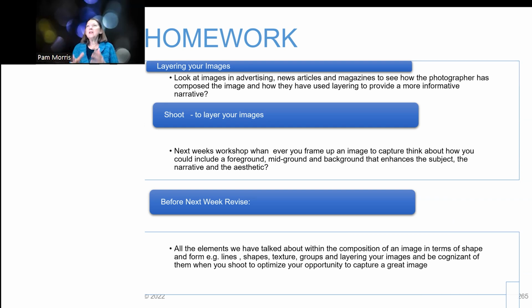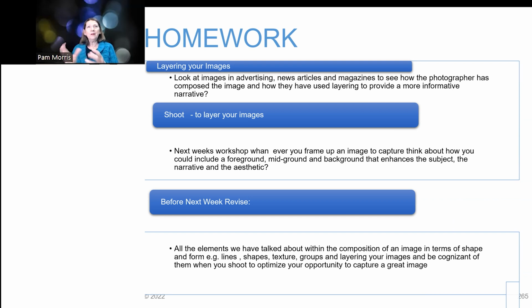When you're reading magazines or the newspaper, have a look at how the photographers have layered scenes. They're very careful about what they include in the foreground, midground and background to ensure that it actually supports the narrative of the image, but makes it a lot more visually interesting from a viewer's perspective, and also gives it depth and dimension.